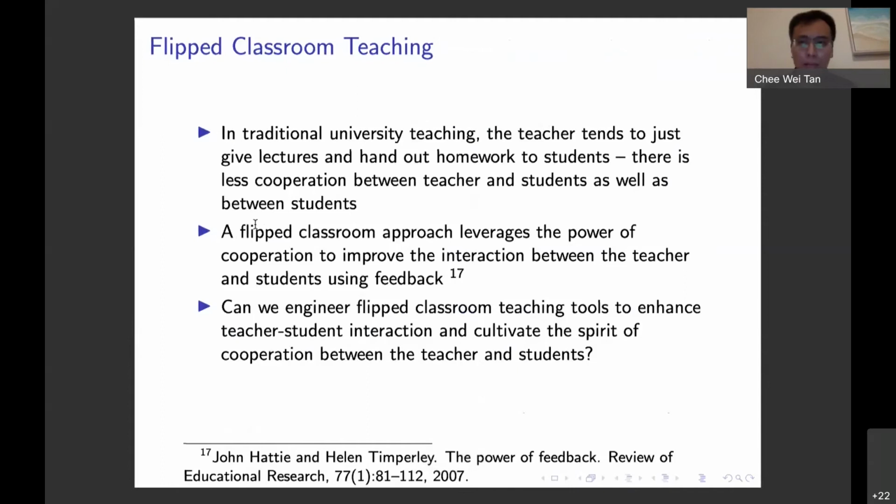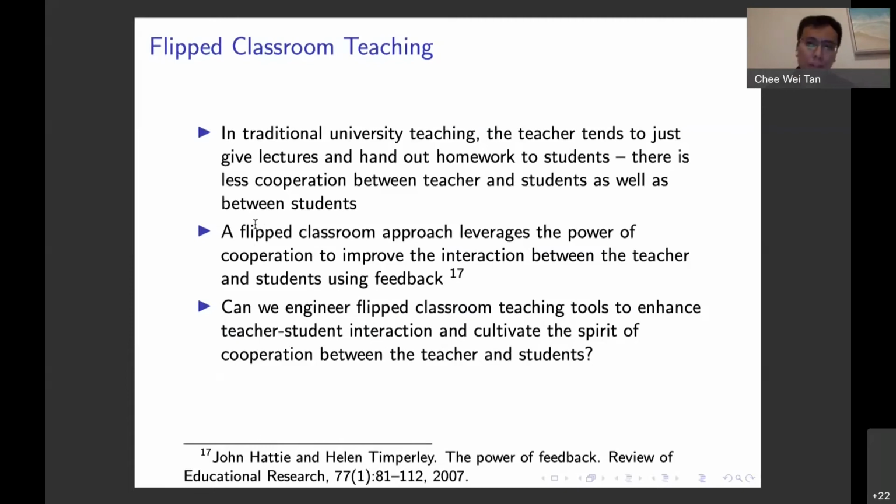So coming back to the last part, which is flipped classroom teaching, what has AIMD got to do with flipped classroom teaching? It turns out that flipped classroom teaching is about getting active feedback from students. Very much like AIMD, where the sending parties have no idea what the single bottleneck link is, as teachers we have no idea how our students are performing, what kind of backgrounds they come from.